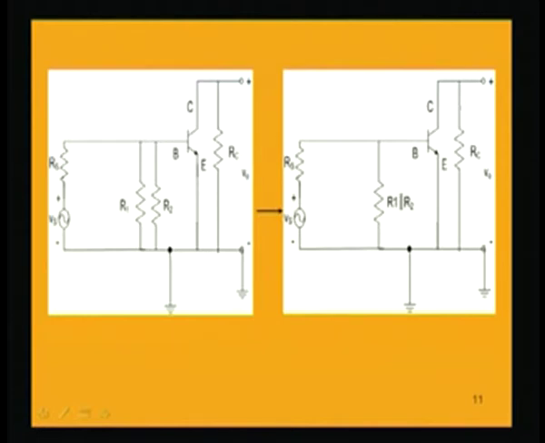Now, after drawing this AC equivalent circuit, we can go on to find the required parameters like voltage gain, current gain, etc. for this particular amplifier. But one obstacle exists because of the presence of this physical transistor.